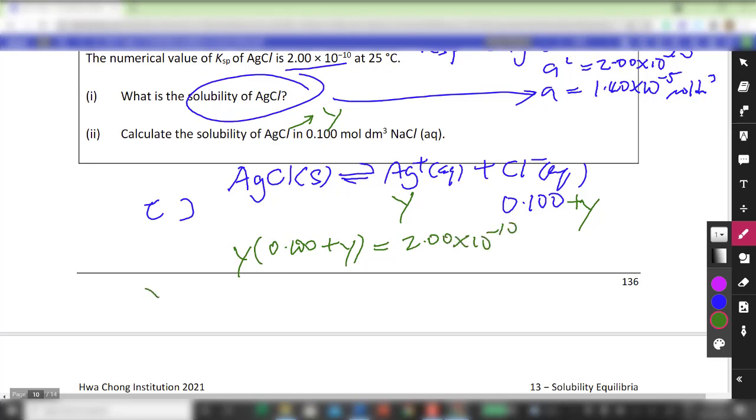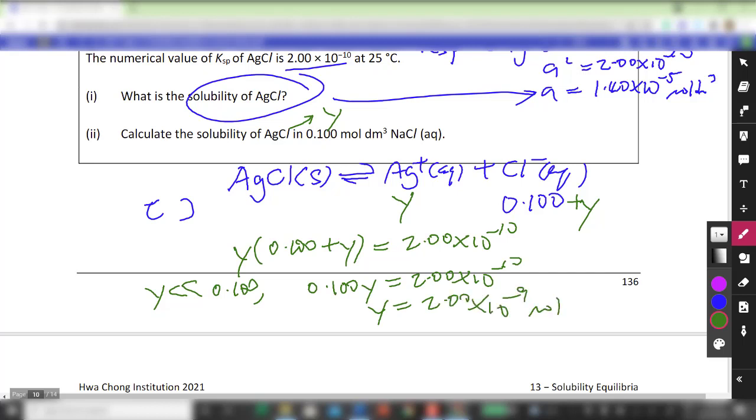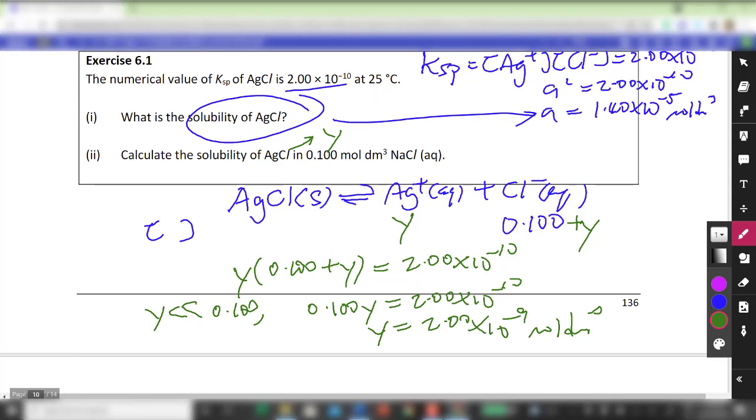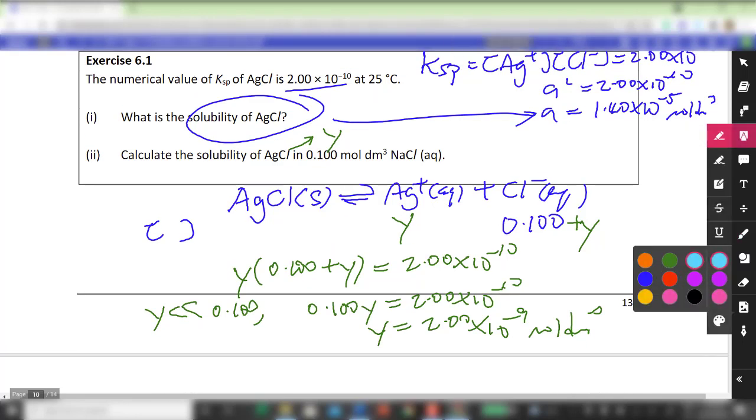And because y is a much smaller number than 0.100, I expect this whole expression to be simplified to this, 2.00 times 10 to the power minus 10. And then y is therefore equal to 2.00 times 10 to the power minus 9 moles per dm cube. You realize that the solubility of silver chloride reduced quite drastically, by about 10,000 times.